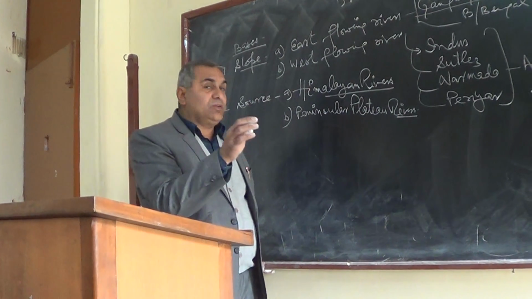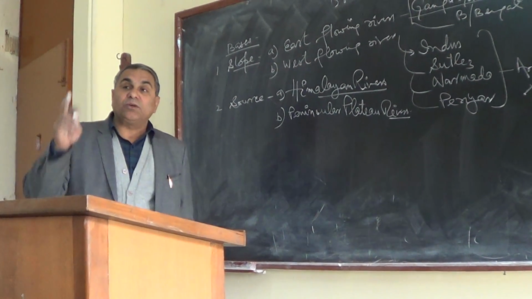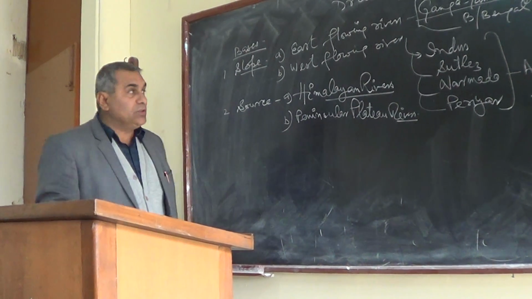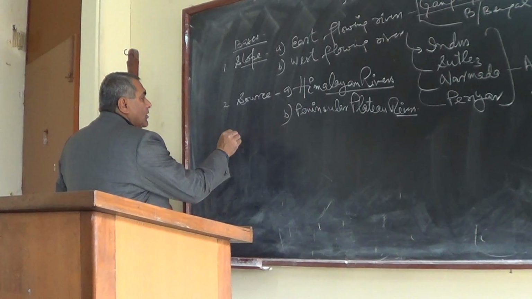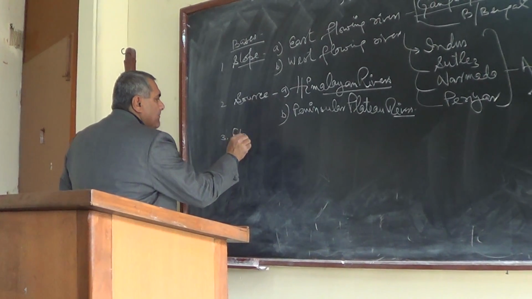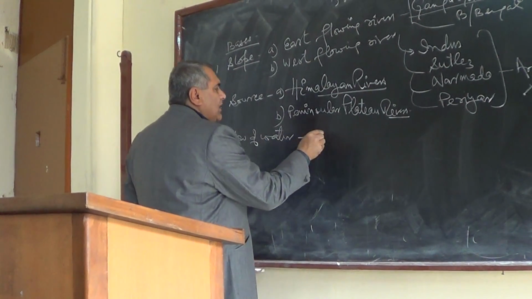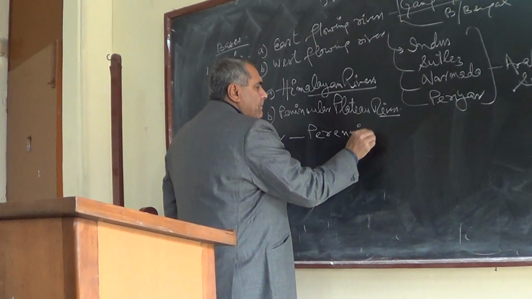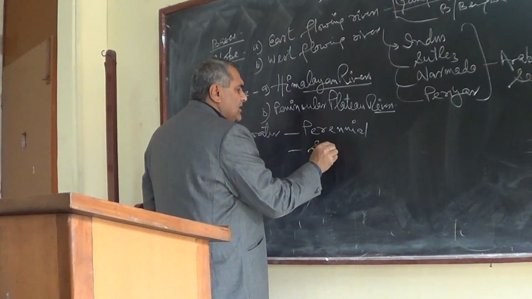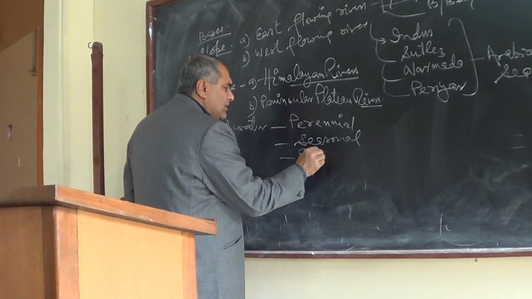So the types of drainage on the basis of the flow of water: one is the perennial river, second is the seasonal river, and third is the ephemeral river.